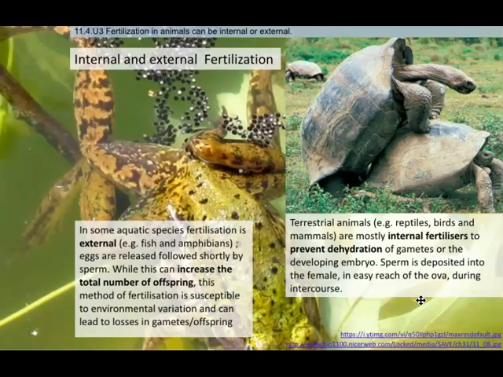Versus internal fertilization, because it is internal, you don't have to produce as many egg or sperm, and it's in more of a contained environment. It's going to prevent dehydration of the gametes as well, and that's why this mainly occurs in terrestrial organisms.